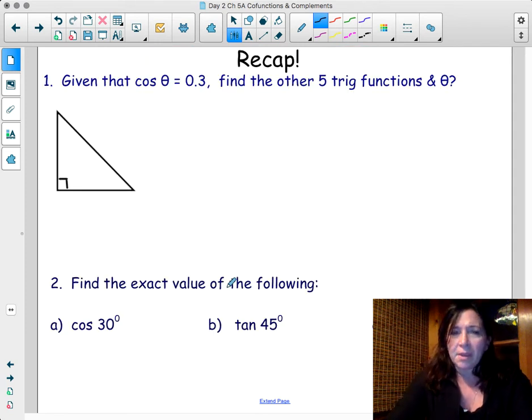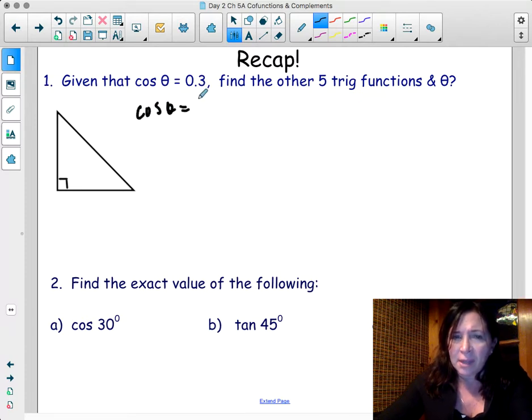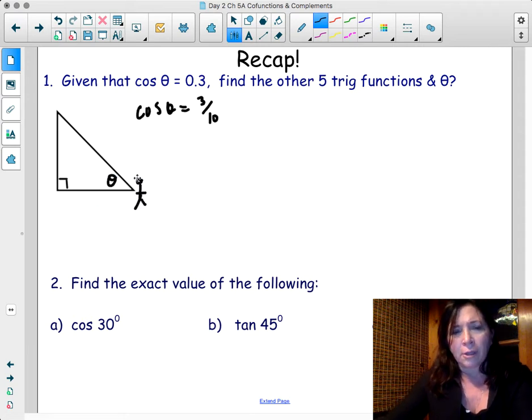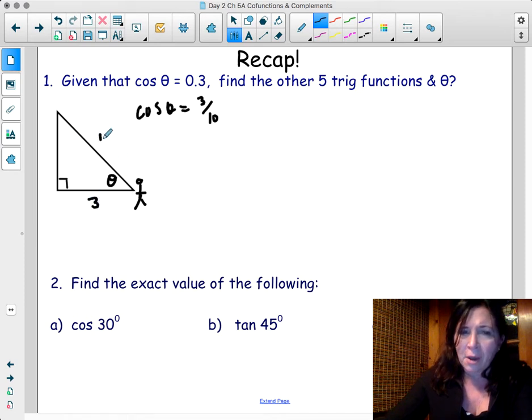So just to recap, given that cosine of theta is equal to 0.3, another way of writing that is cosine of theta equals 3/10. Find your angle and put yourself there. A lot of people like to draw a little fake self there. Cosine is adjacent over hypotenuse.